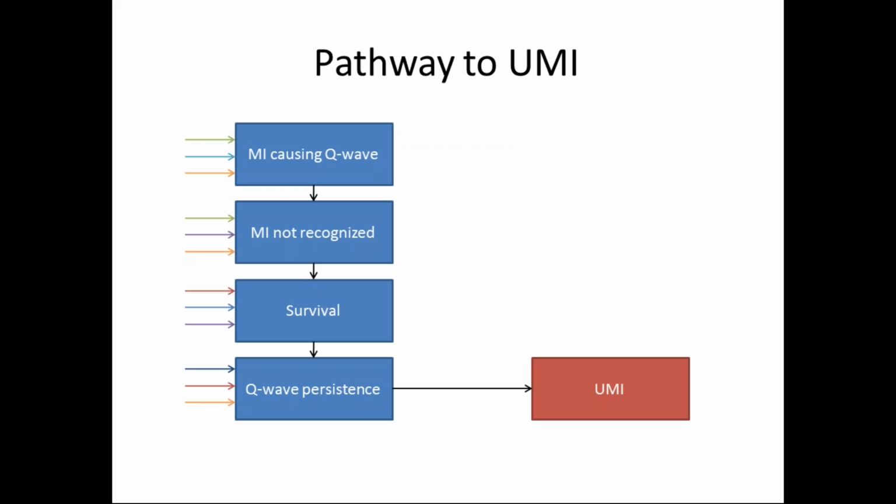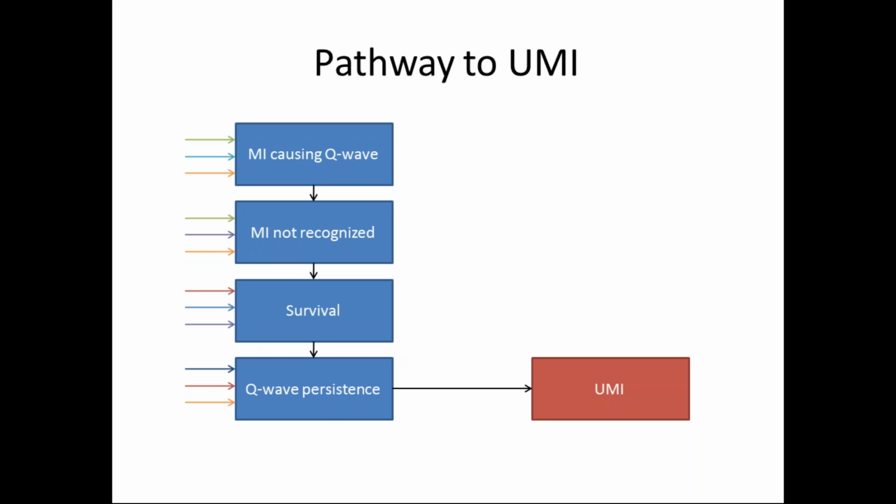In my study, thinking about how we got to having an unrecognized MI, and this is the REGARDS study population, which is a big cohort study based here at UAB. The person had to have an MI that caused Q waves, right? Not all MIs do. So we have risk factors for that. The MI had to not be recognized at the time, either by the medical team or by the participant themselves, right?